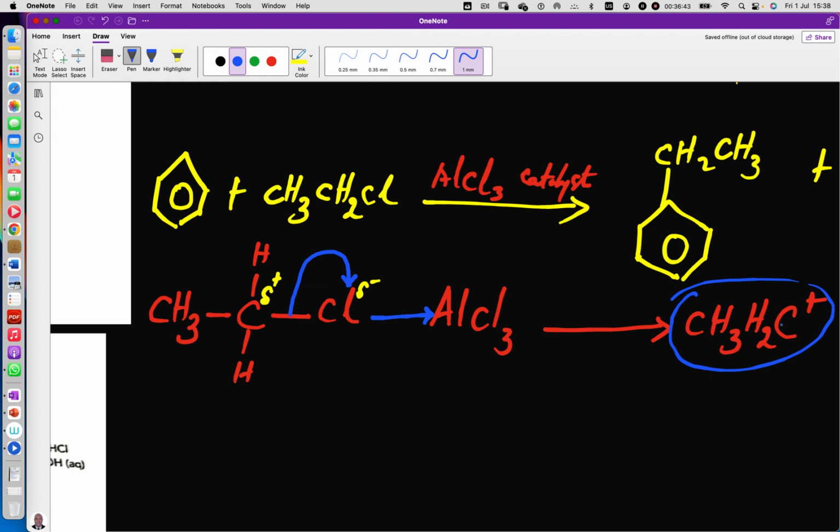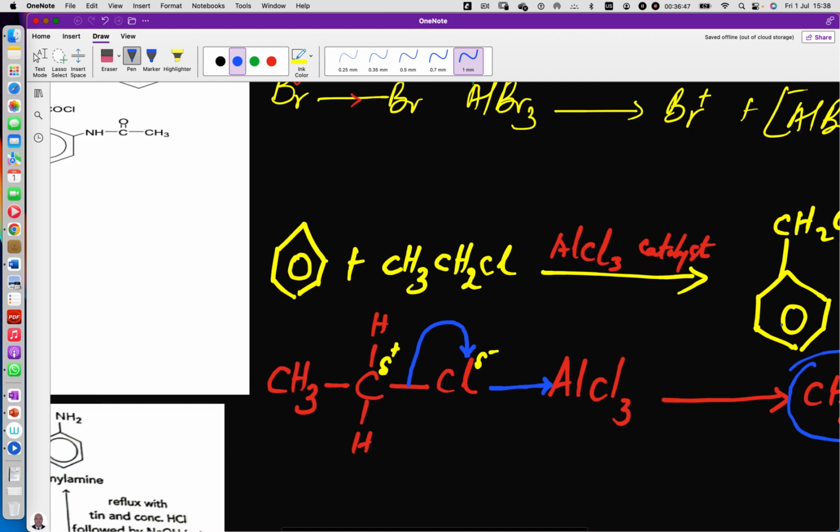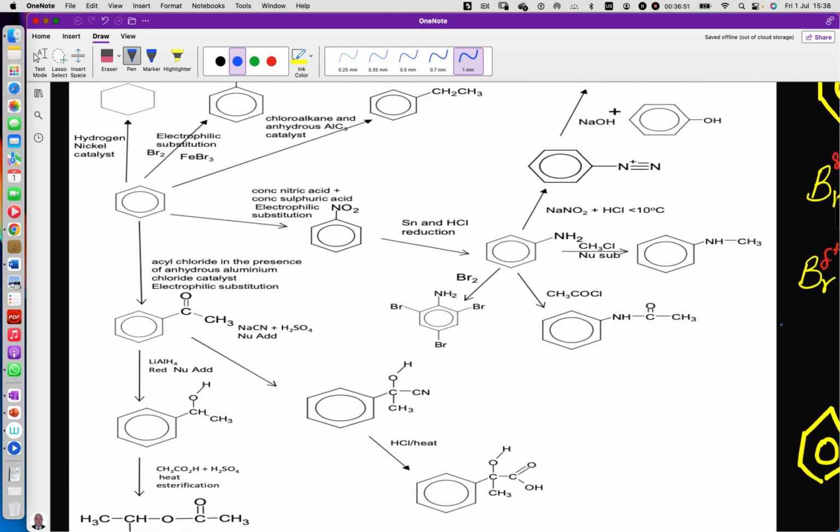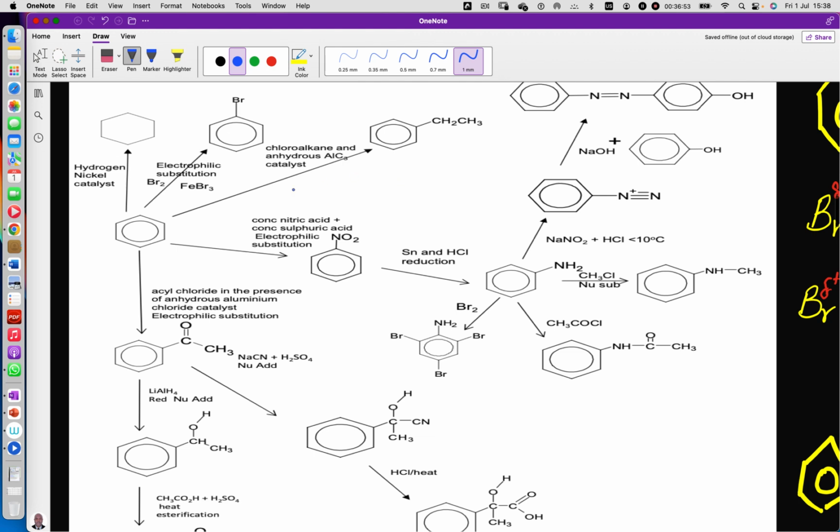Secondly, we will have to move to the second one, which is how benzene undergoes nitration, and nitrobenzene is formed. Nitrobenzene is formed from reacting concentrated nitric acid and concentrated sulfuric acid.